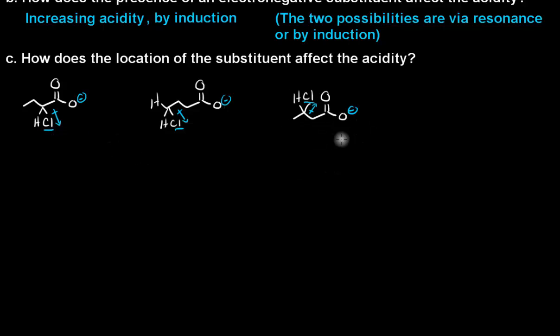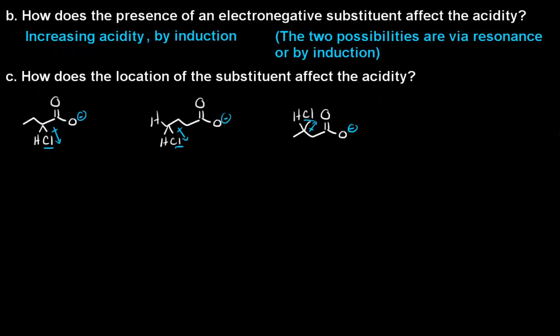The molecule on the far right has a carbon in between it and the oxygen, so it's going to feel less of an effect. The chlorine in the middle has two carbons in between it and the oxygen, so that oxygen is going to feel even less of an effect. Of those, the most acidic compound, I think we said, was number 1. This is the most acidic, this is the next most acidic, and this is the third most acidic.